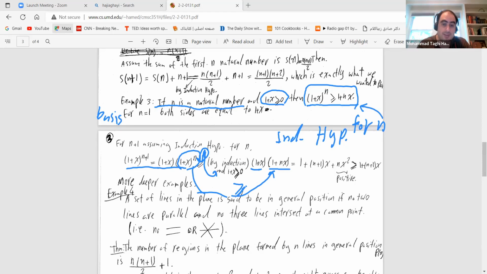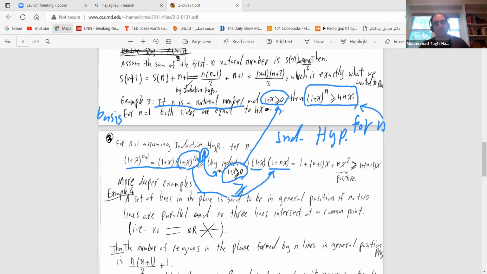The other thing is that we know that 1 plus x is greater than 0. This is the assumption. So the first comes by induction hypothesis, and the second one is the assumption that we had, 1 plus x is greater than 0. This is the same assumption that we had in the statement of the theorem.